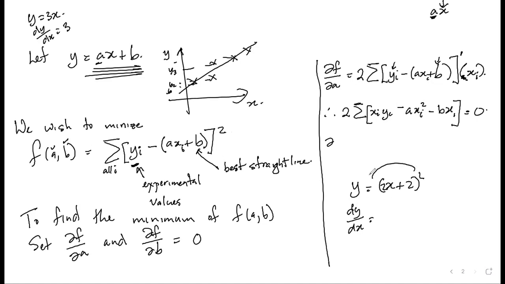Then you carry down the 2, put back the function, subtract 1, times the derivative of the inside. So that is basically what we did: carry down the 2, subtract 1, and then differentiate the inside.